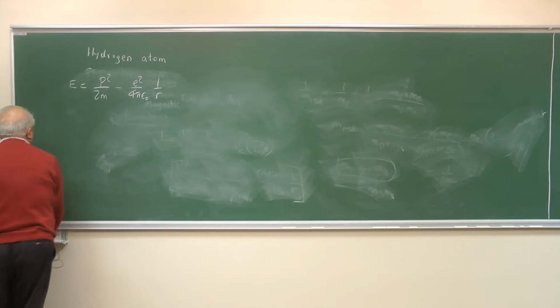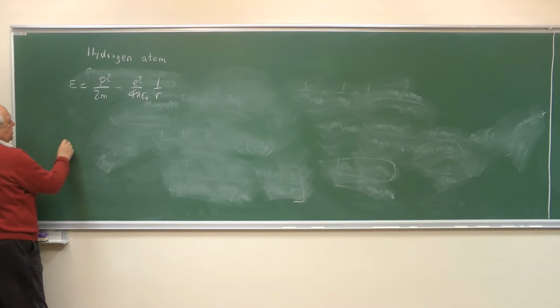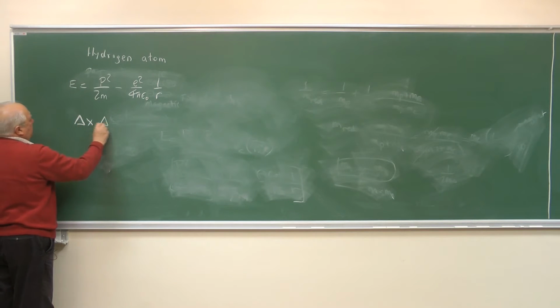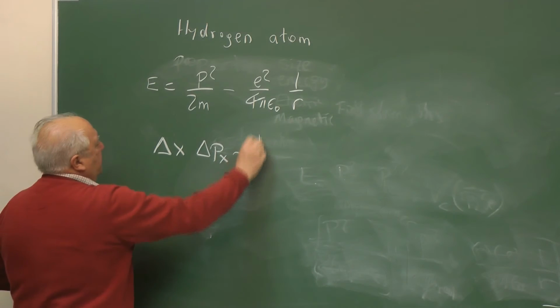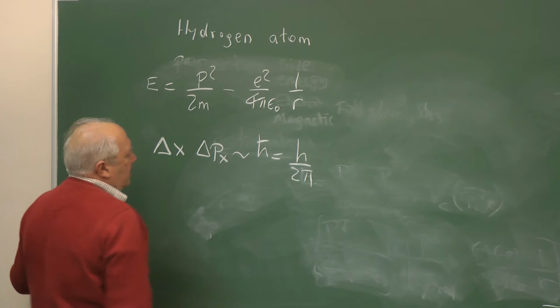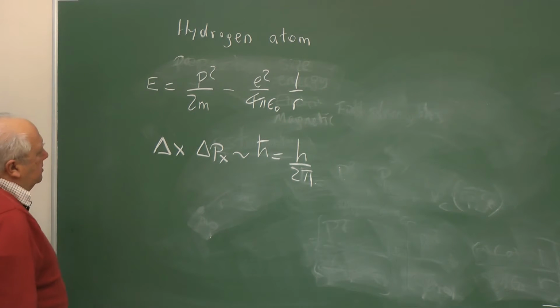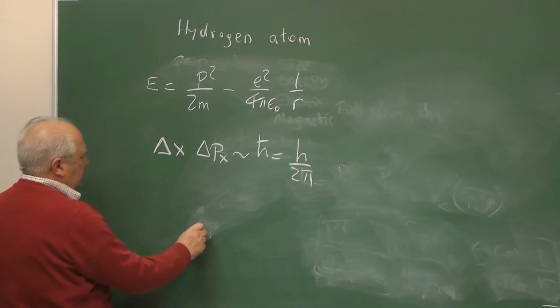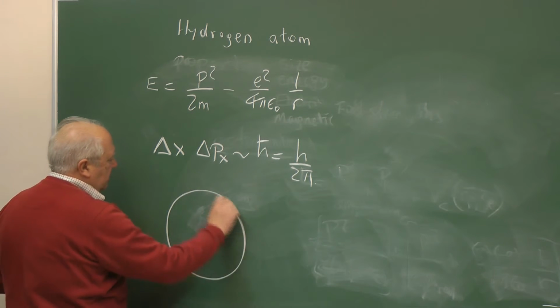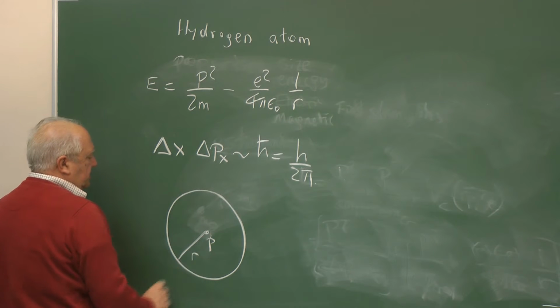Well, the uncertainty principle says that, for example in one dimension, delta x times delta p_x is of order h bar, which is h over 2 pi. Now, suppose here is the proton at the center, and the electron is moving about it at a radius r.